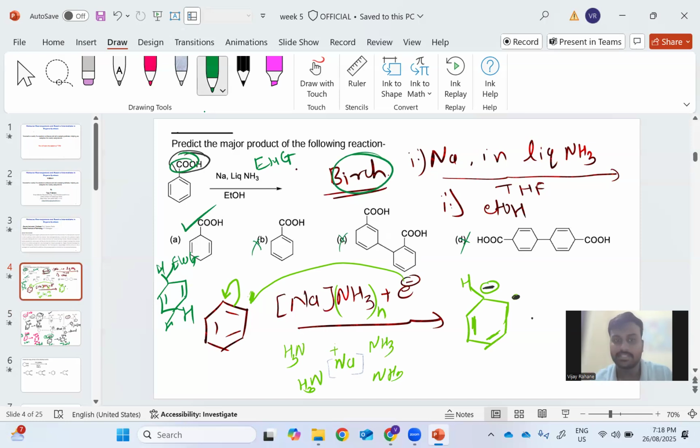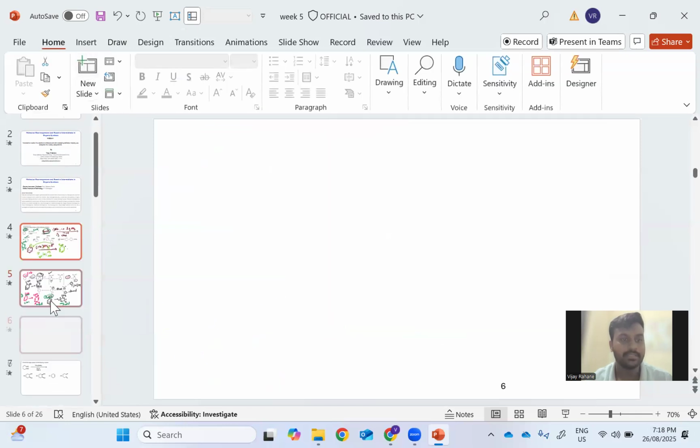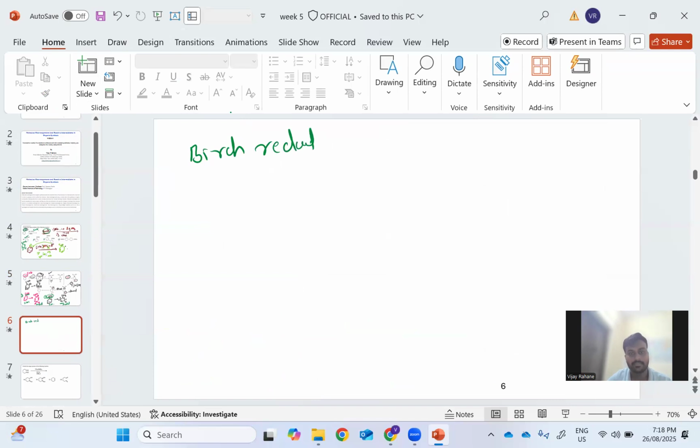And this Birch reduction reaction, as I mentioned last time, is also used for the formation of alkene from alkyne. So the same Birch reduction condition for conversion of, let's say, here this is R1, which has C triple bond C, and here there is again R2.